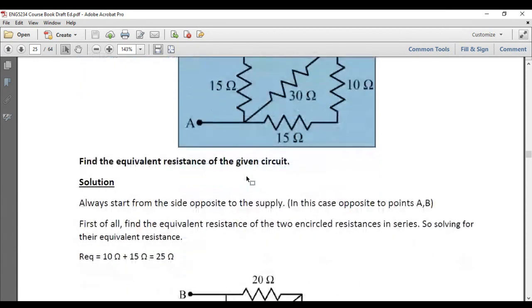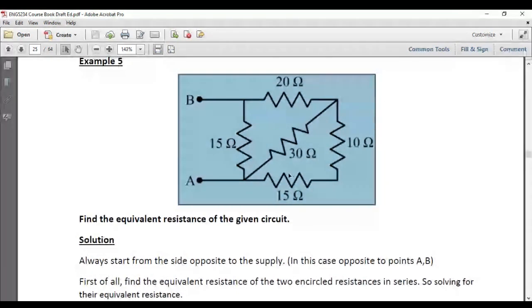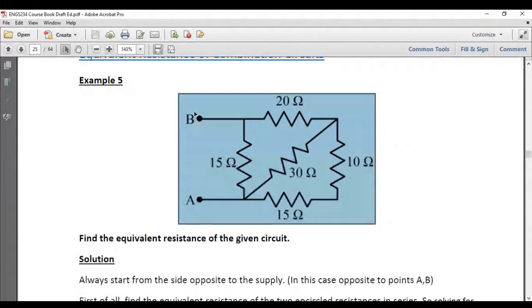Let's see. First of all, as I told you, whenever you have to find the total resistance, in this case, you have to find the total resistance at point A and B. So you should start from the opposite side of point A and B. So the opposite side would be here, where you see the 10 ohm resistor and 15 ohm resistor.